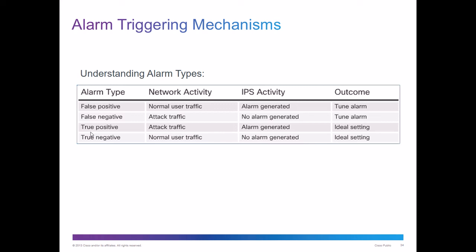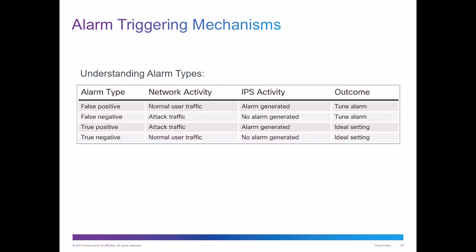When you see the word true first, it means it's good. True positive means there is an attack and an alert was generated. We stopped the attack. So that's exactly how the IPS should behave.